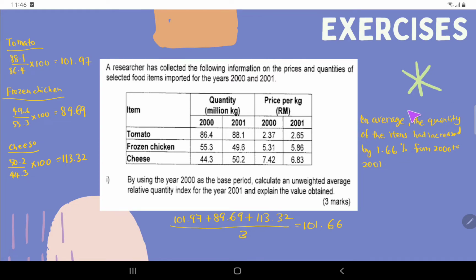Okay, so this is the explanation on the value obtained.